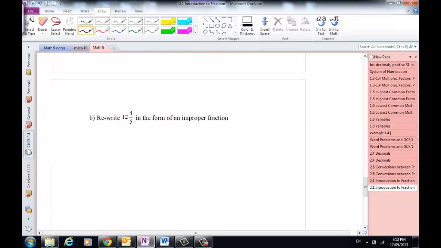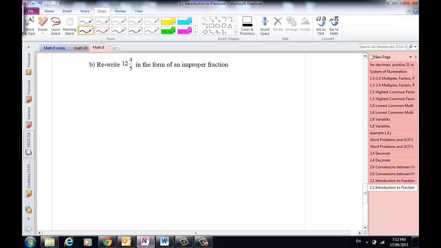So what about if I want to go the other way? What if I want to go from 12 and 4/5 to an improper fraction? When you read 12 and 4/5, the and is implying addition, 12 plus 4/5. Well, we do know how to add fractions, so we need a common denominator. 12 is the same thing as 12/1, and therefore my common denominator would be 5.